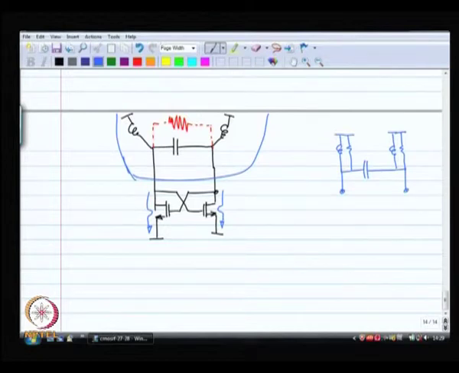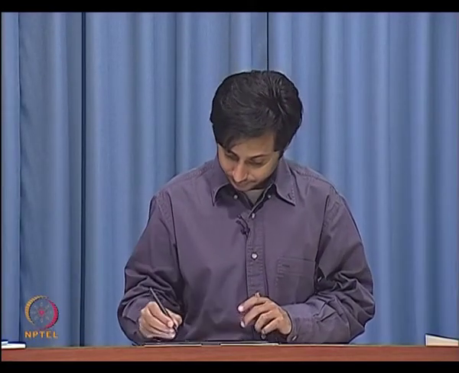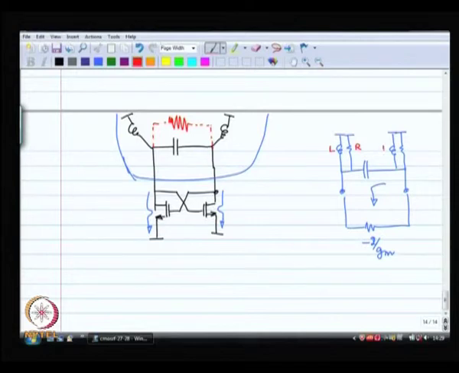I mean this is the circuit that you have, and looking in from here I see an effective resistance which is really negative, and the value of that resistance is something like minus 1 by 2 by GM. Okay. So, now if you want to break this into a differential mode half circuit, then suppose this is R, this is L, this is L, this is R and this is C. How do you break it into a differential mode half circuit?